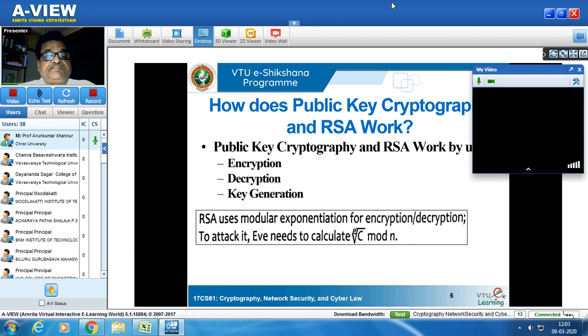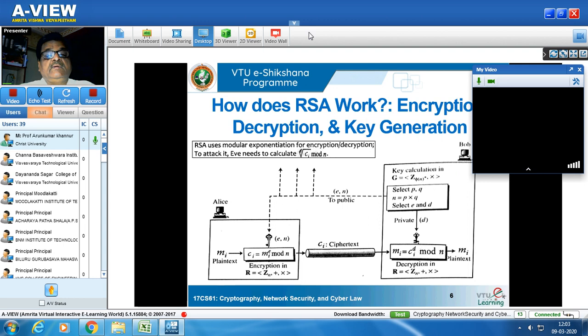Eve, the hacker, in RSA uses modular exponentiation for encryption and decryption, and needs to calculate the eth root of C mod n.